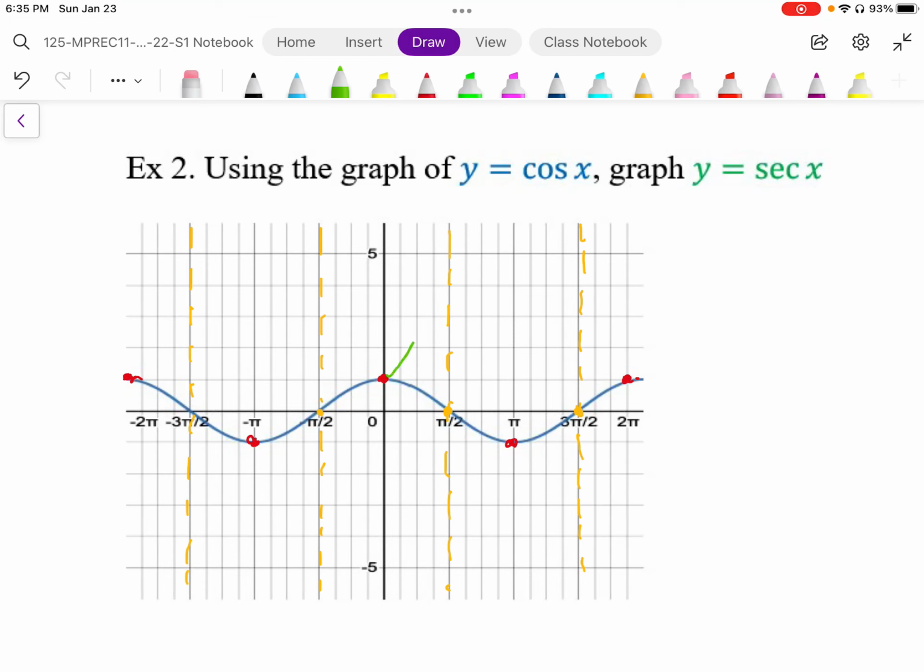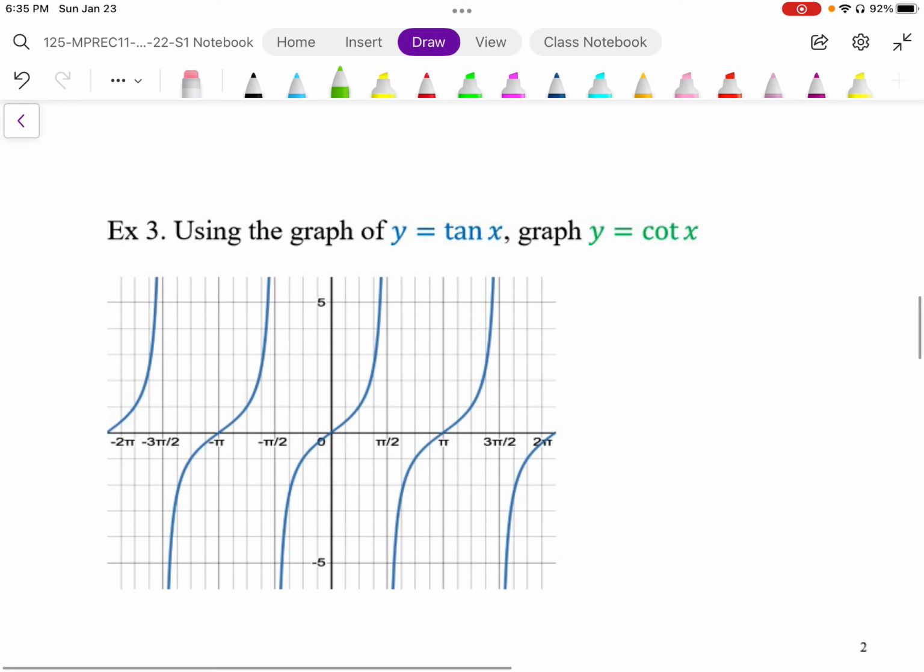So the reciprocal graphs are all going to move away from the x-axis. Again, we get the same U shape, except our asymptotes are in different positions. So this is our secant function. It looks just like our cosecant function with different asymptotes.